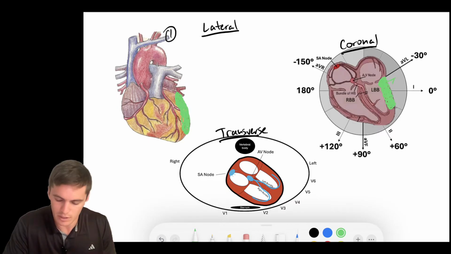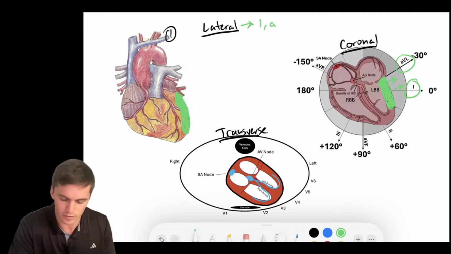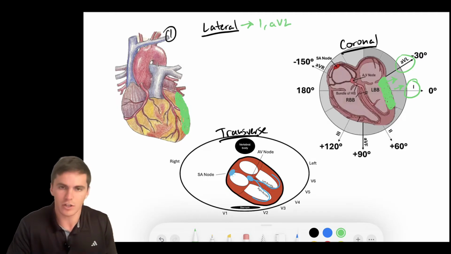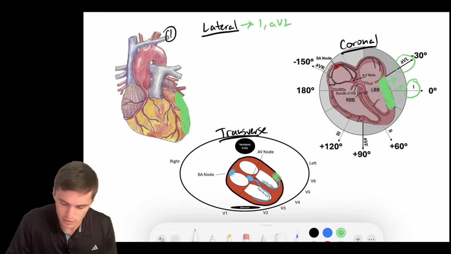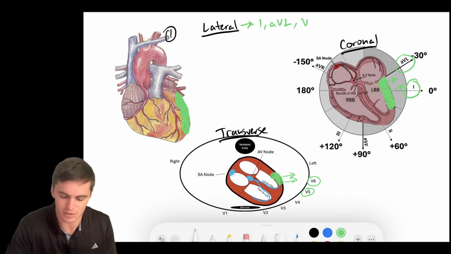And so the leads that are going to pick up forces going towards the lateral aspect are going to be leads 1, leads AVL. So lateral, we've got 1 AVL. And if you look on our transverse plane, here's the lateral aspect of the myocardium. So the leads that are picking up forces heading in that direction are V5 and V6. So our lateral leads are 1 AVL, V5, V6.